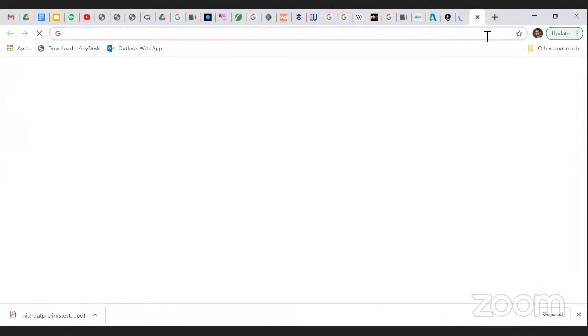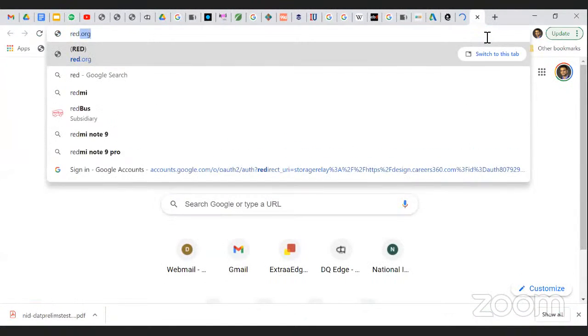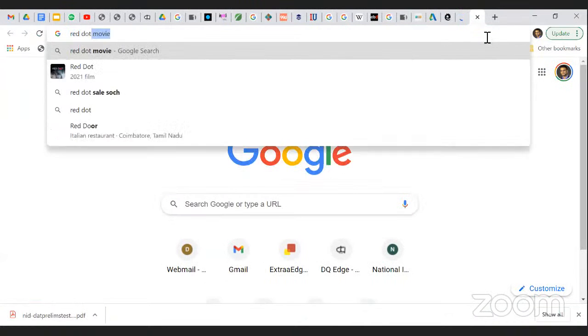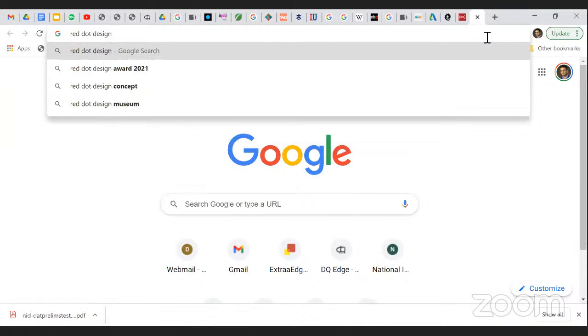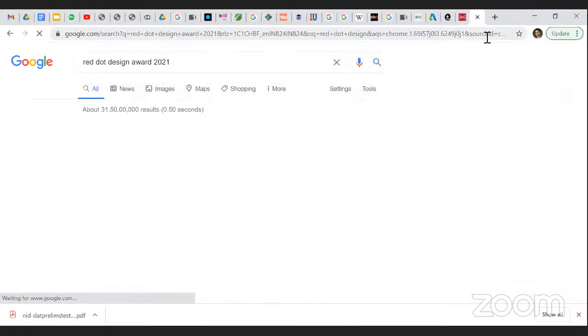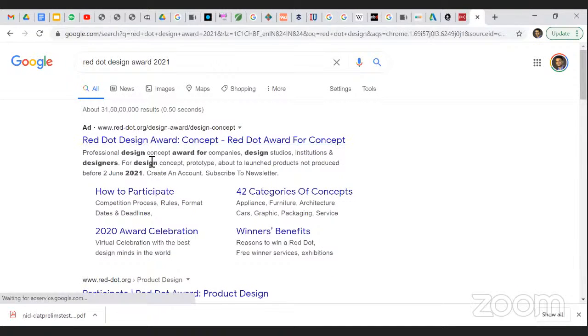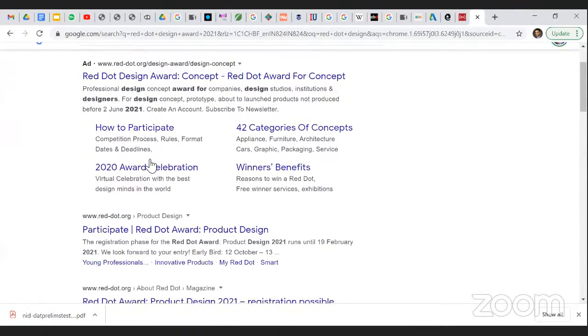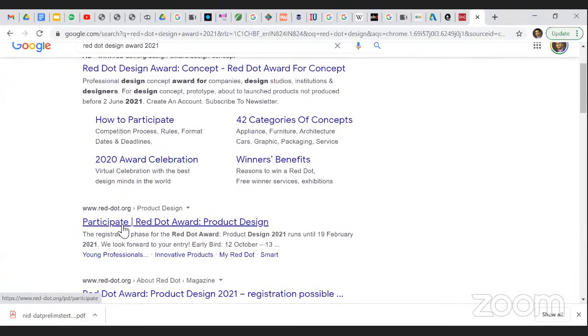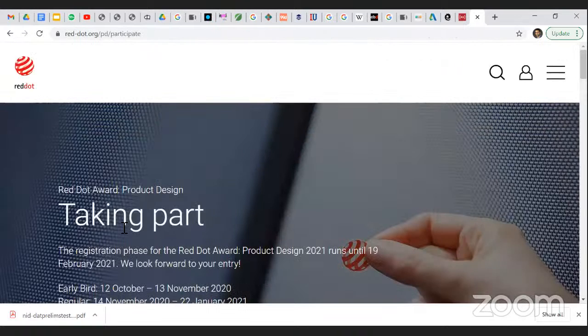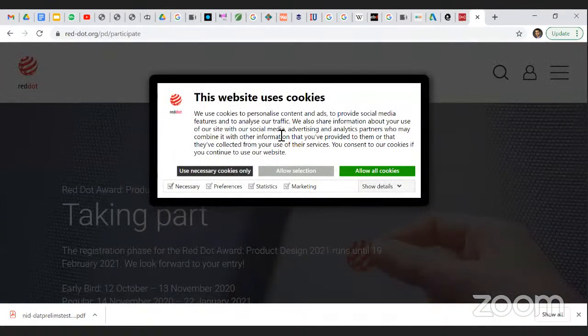Let me just check. Okay, Red Dot Design Award 2021. Okay, it is red-dot.org. They have changed their website.